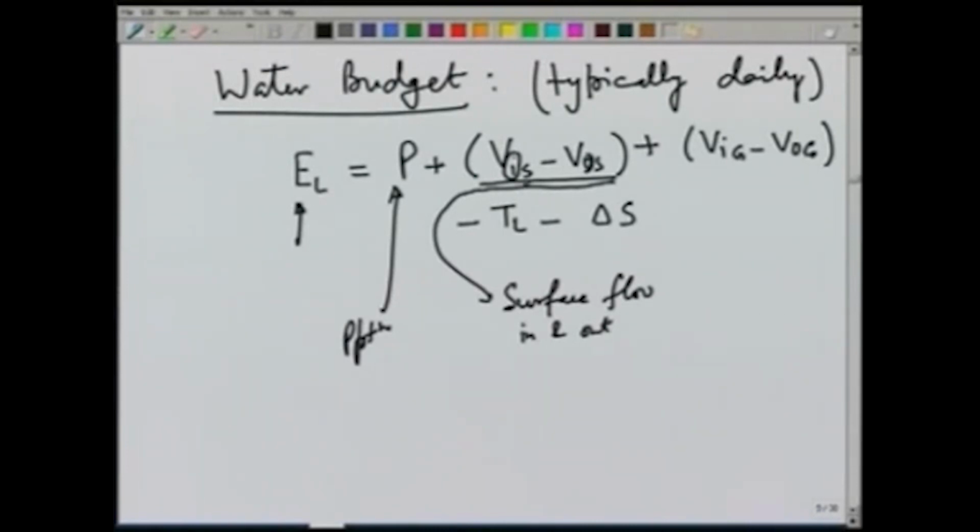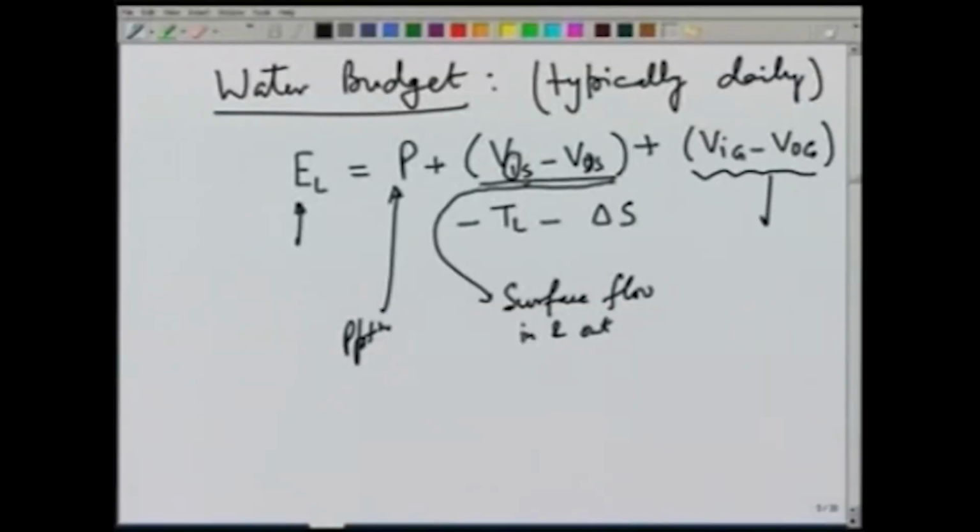So, volume of water which is coming through surface flow in and out, that will give the net inflow. Similarly, this is groundwater, again in and out. So, this term gives the net groundwater inflow into the lake.